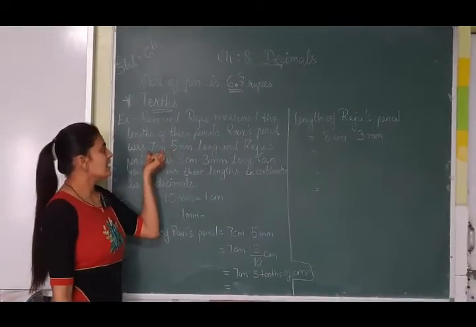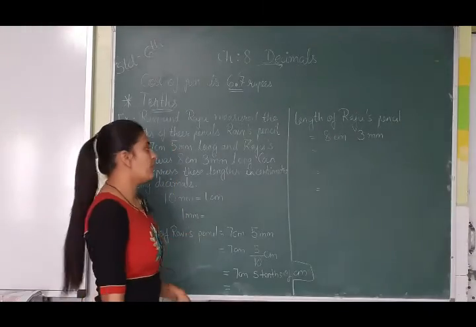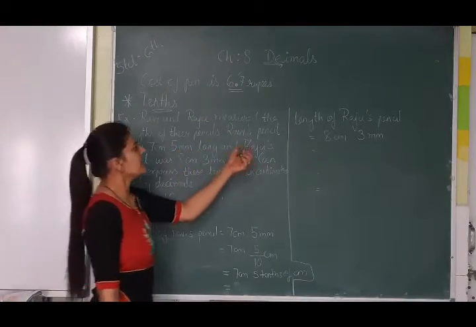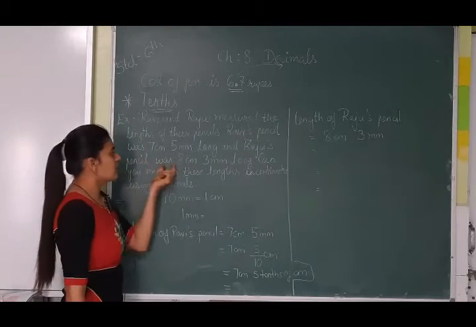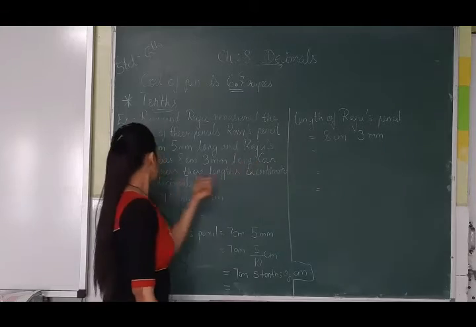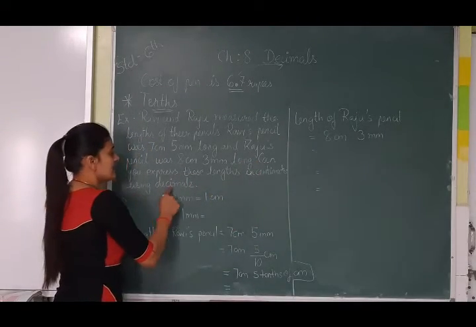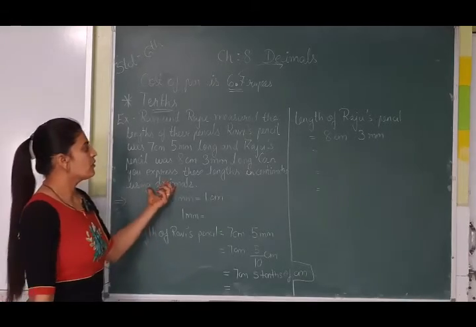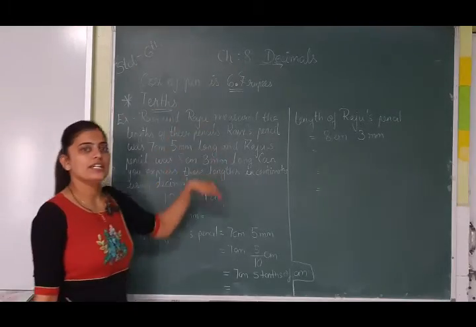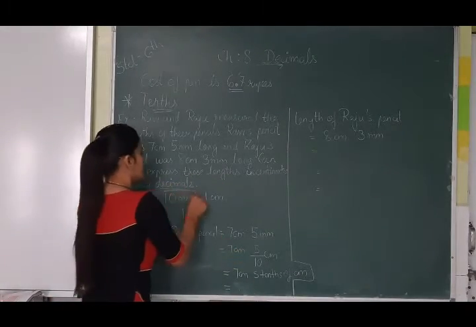This 7 cm and 5 mm you have to write in decimals. Another thing given is that Raju's pencil was 8 cm and 3 mm long. Can you express this length in centimeters using decimals? You only have to convert the millimeters into centimeters and write in the form of decimals.